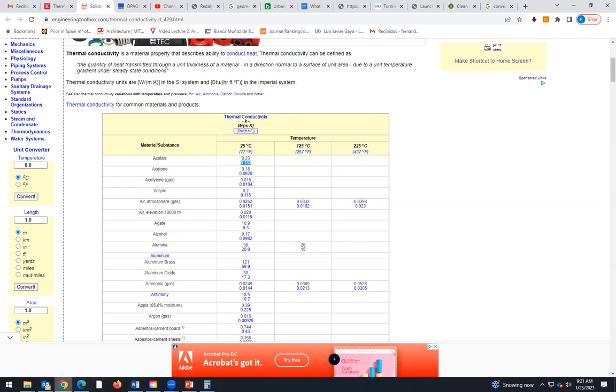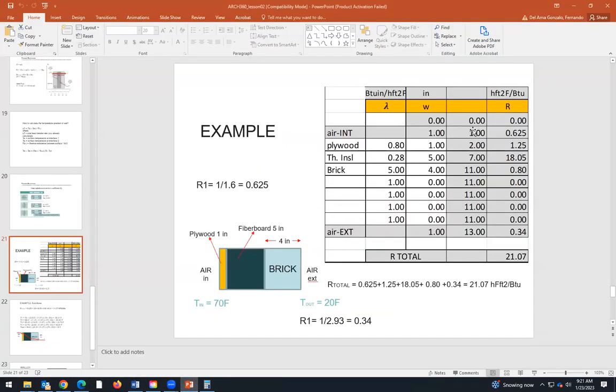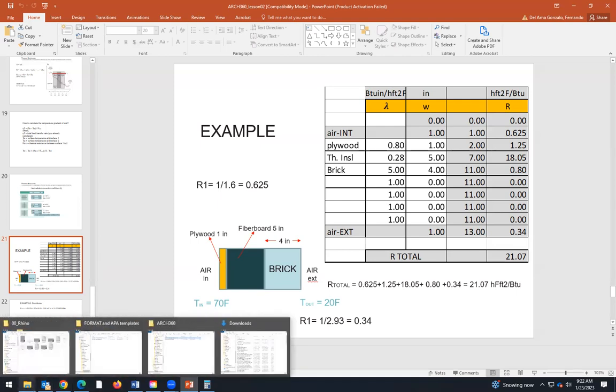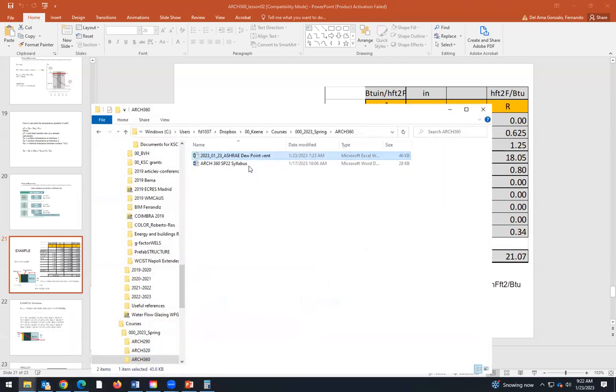But in this table, the units are BTU, inch, hour, feet square, Fahrenheit. So we have to convert those units. So it's a mess. So that's why I have created this Excel file that I'm going to share with you.